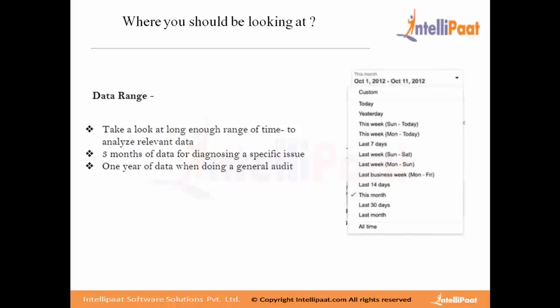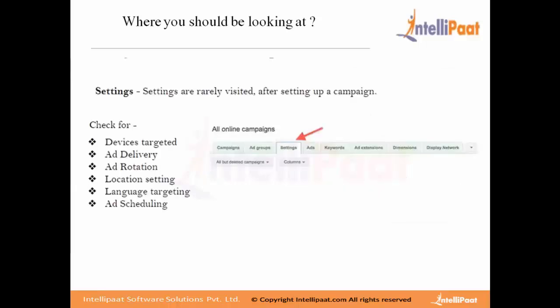You can take a look at a long enough range of time in order to analyze the relevant data. 3 months of data for diagnosing a specific issue is good, or 1 year of data when you're doing a general audit. If it's a general audit, maybe you can go for 1 year or maybe 6 months of data. So the date range of the entire data has to be looked into.